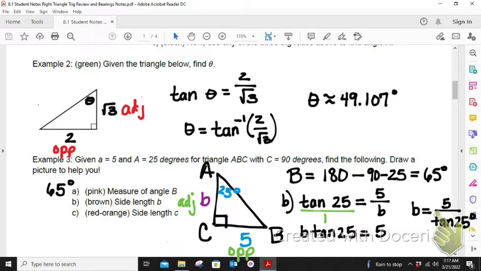I'm not trying to find an angle, so I don't need to use the inverse. So it's just 5 divided by tangent of 25. You should get 10.722. Who got 10.723 actually? Okay. So 10.723, that's my answer to part B.